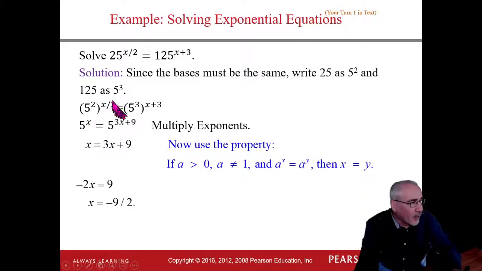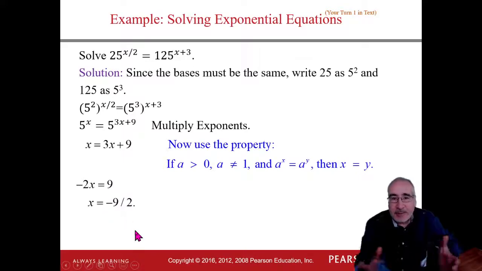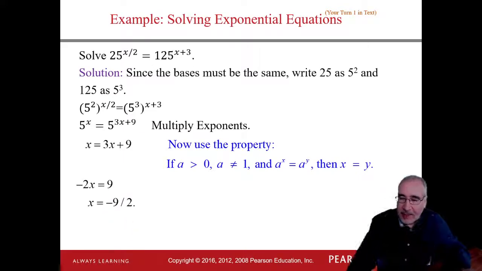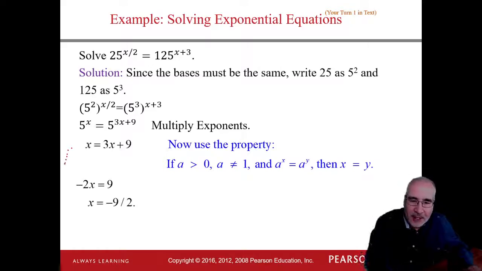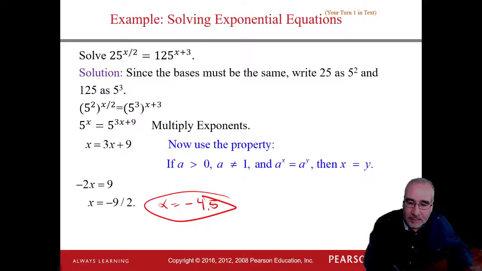They do the thing of recognizing that 25 is 5 squared and 125 is 5 to the third, and then they can set the exponents equal. That works too, but the graphing calculator also got us x equals negative 4.5. So we've got access to both tools.